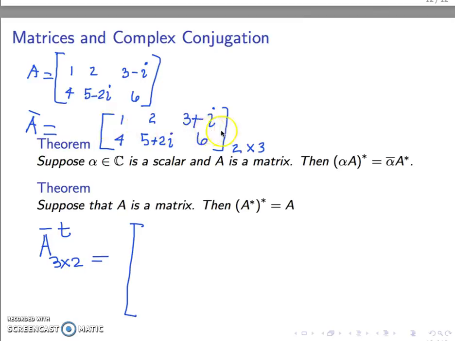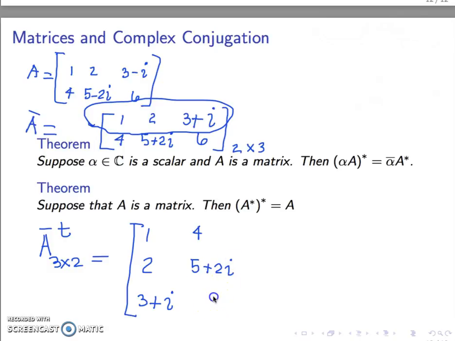Each of the rows becomes a column. So the numbers in the first row are stacked as the first column of the transpose of the conjugate, and then the numbers in the second row are stored in the second column. So here we have 5 plus 2i, and then we have the number 6. So this is a matrix that has 3 rows and 2 columns, and this is precisely what we call the adjoint of the matrix A.